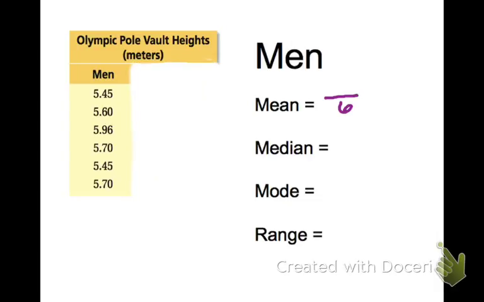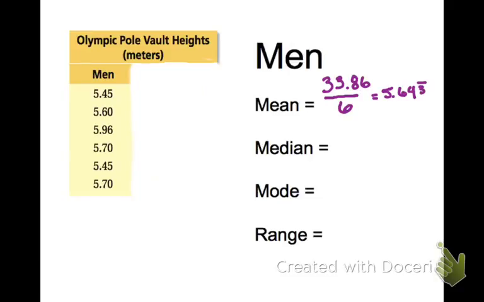When I added up all of those numbers, I got 33.86. So now I'm going to type 33.86 divided by 6, and I get out 5.643 with that repeating.